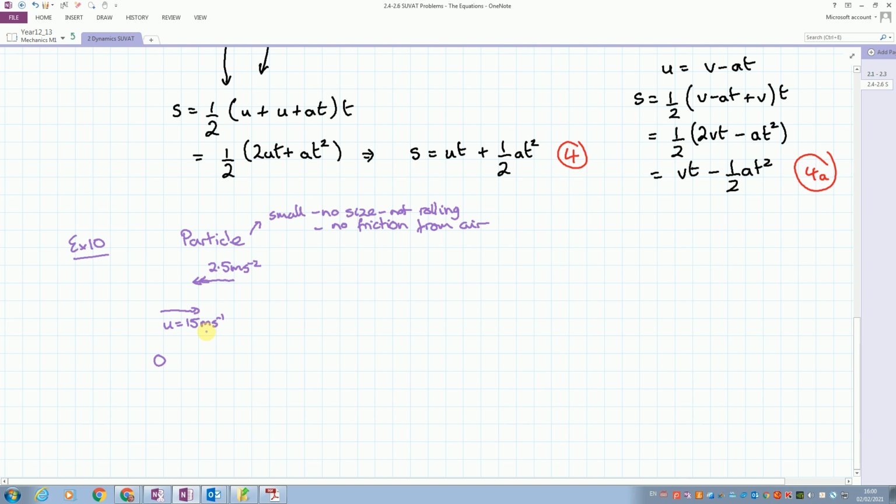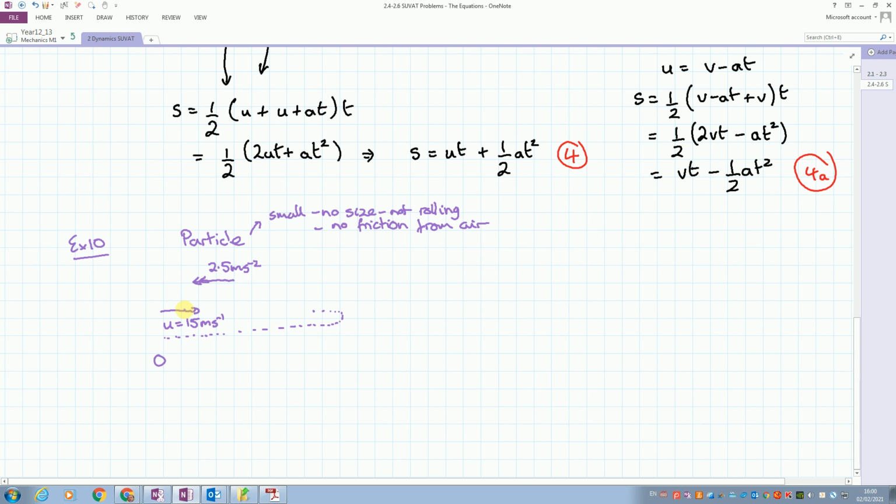First part it would like to find is the time between that point when it goes through O and when it returns. So we want to find when the displacement is zero: this goes off, it slows up, and then after some distance it starts coming back. Now this is actually parabolic because we've got a constant acceleration.